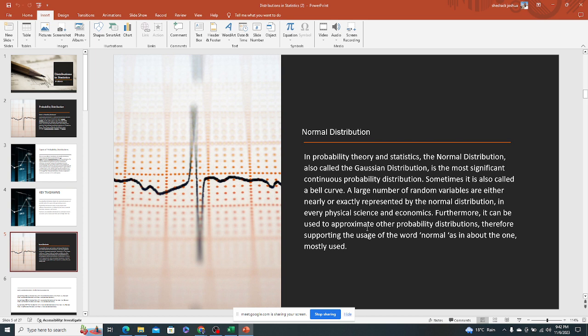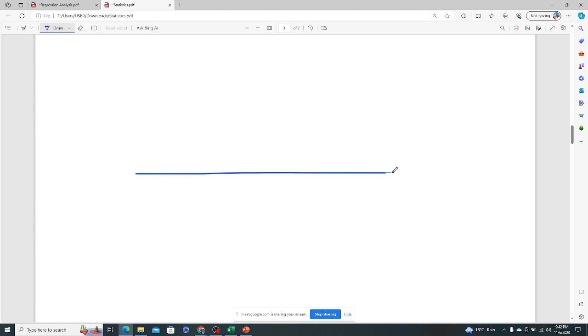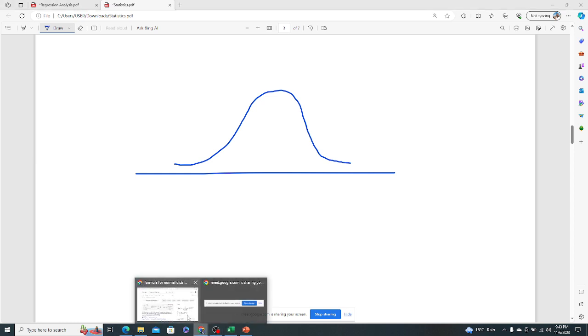In probability theory, the normal distribution is also known as the Gaussian distribution, or the bell-shaped distribution. It's also known as the Gaussian or the bell-shaped distribution. So this is the bell-shaped distribution.